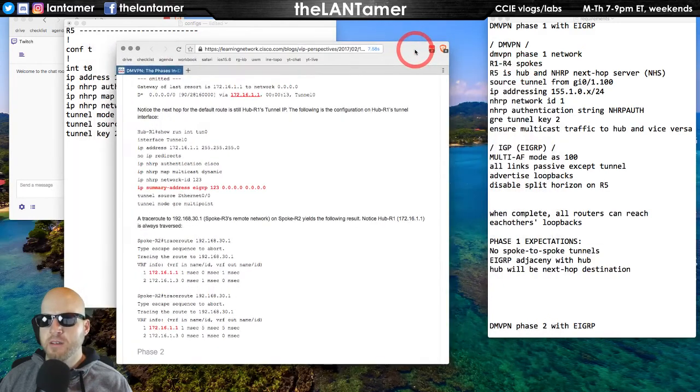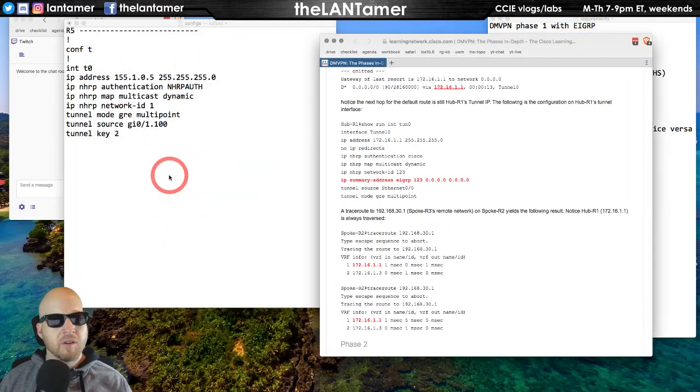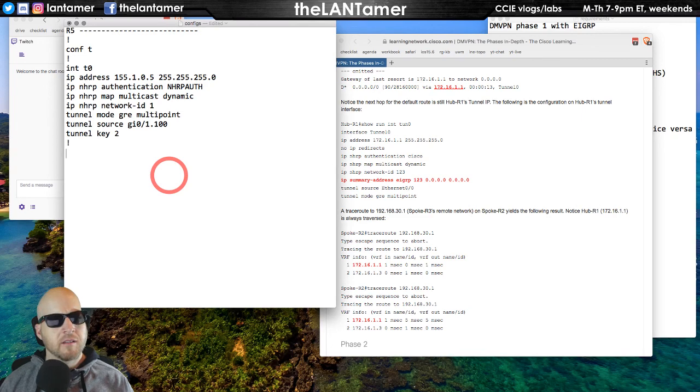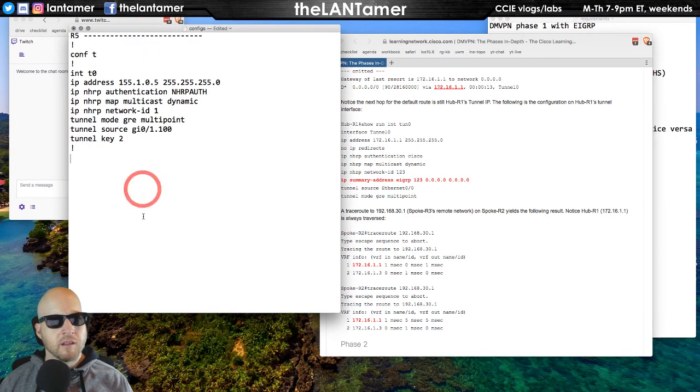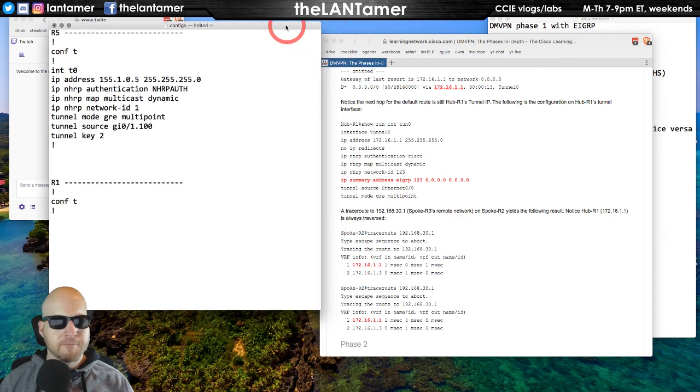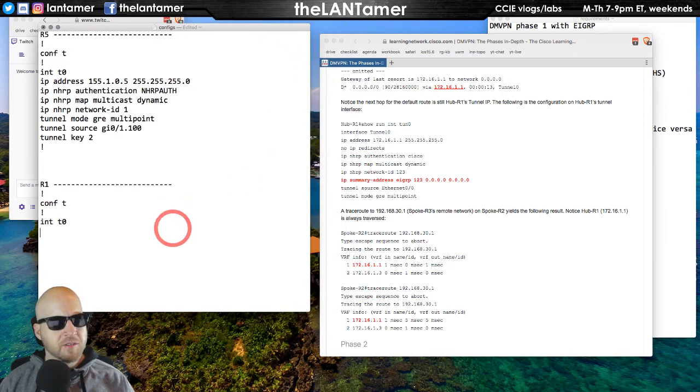Okay, that may be all we need here. We're going to go ahead and type out the rest of the configuration, just for router 1, anyway. And we're going to say interface tunnel 0, IP address, IP NHRP authentication.